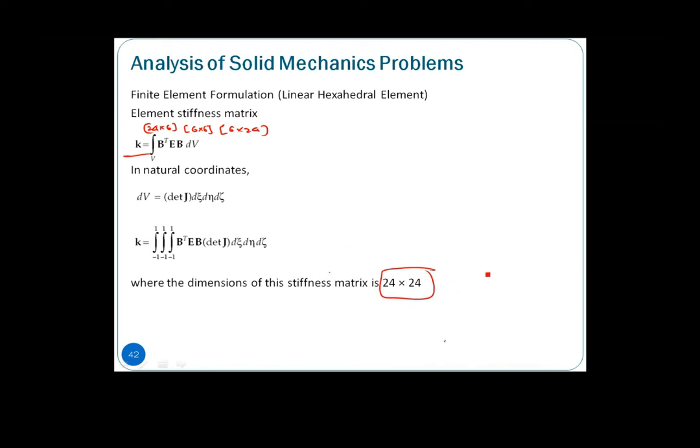So here is referring to linear hexa. We have 8 nodes, right, with 3 directions. So we have a 24 times 24 matrix. Our K element for one element is a 24 times 24 matrix. All right, so that is one of the examples.